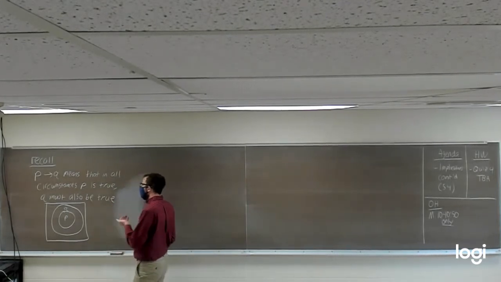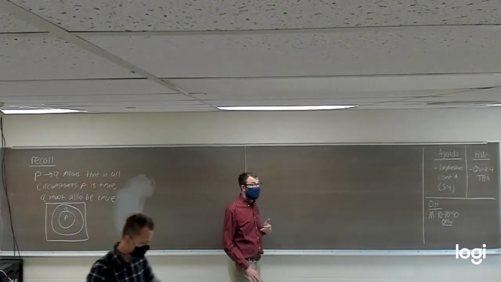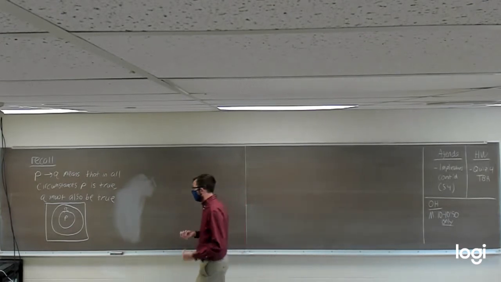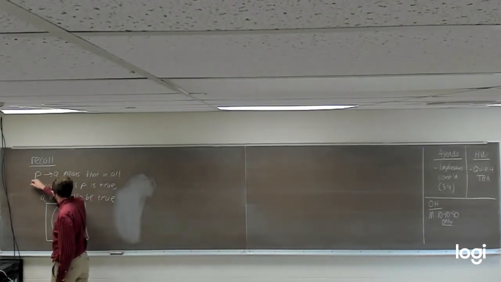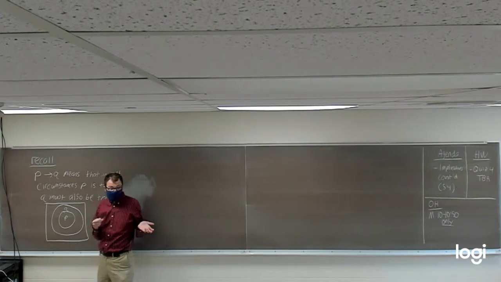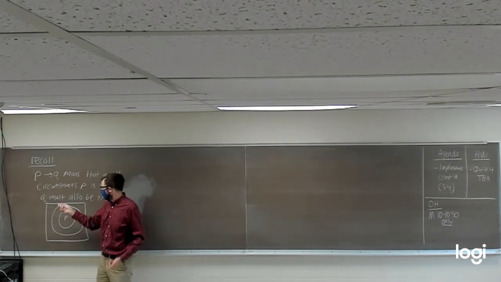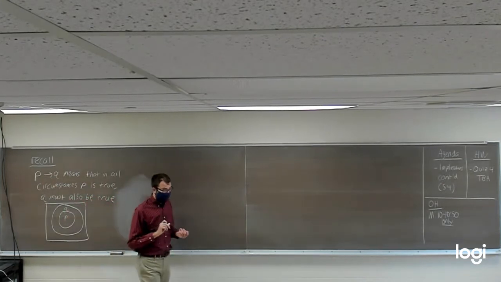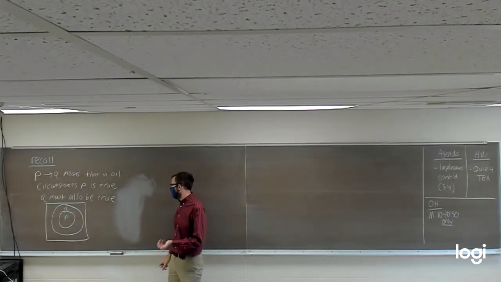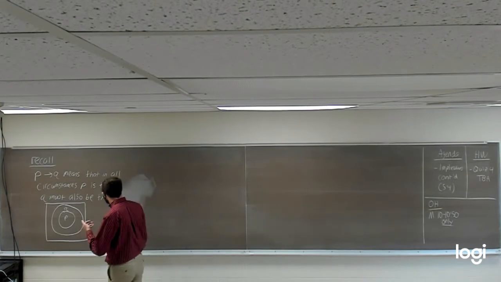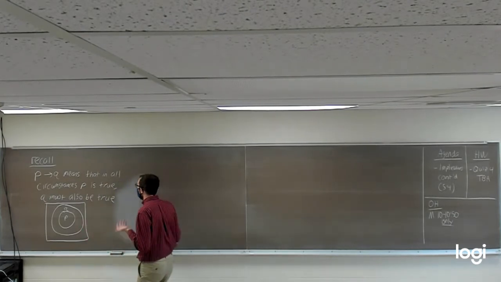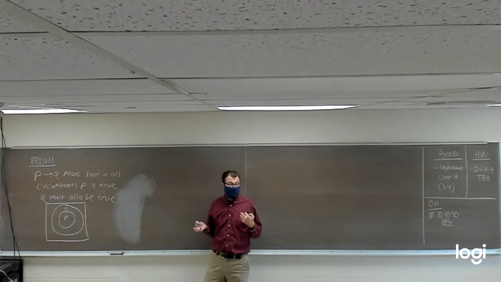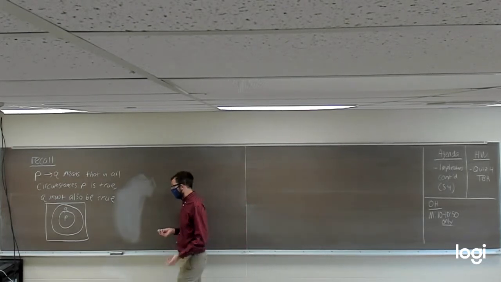Okay, so when we last left off on Wednesday, we had started talking about Standard 4, which is all about implications, if-then statements. And we said the way you denote if P then Q symbolically is to write out P, arrow pointing to the right, Q. And you read that off as if P then Q. If P then Q means that in every circumstance that P is true, Q also has to be true.